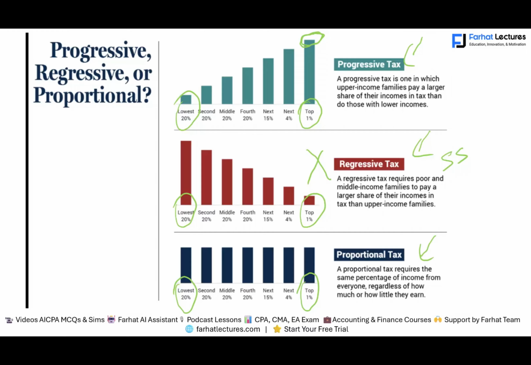Now, we have the proportional. Under the proportional, it does not matter whether you are in the top 1% or the lowest 20%, everyone pays the same percentage.